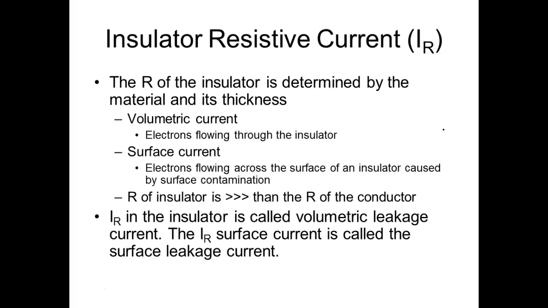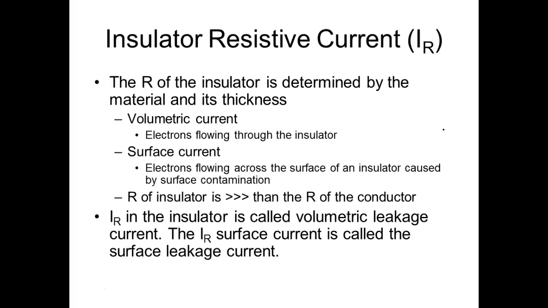So this is the name given to the current that flows through the insulator. It's called what? No, the name of the current. Volumetric current. So that's the name technically given to the current flow through the insulator. And then the current flow across the surface, which is caused by contamination, this is pretty straightforward.